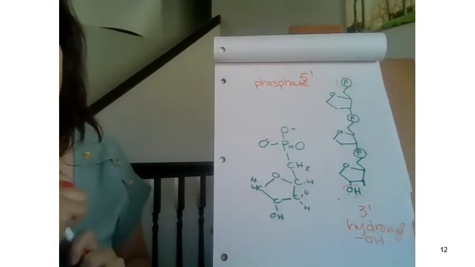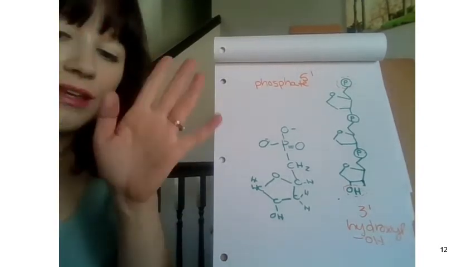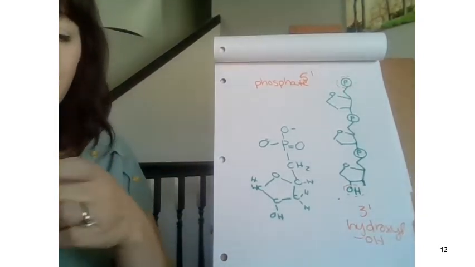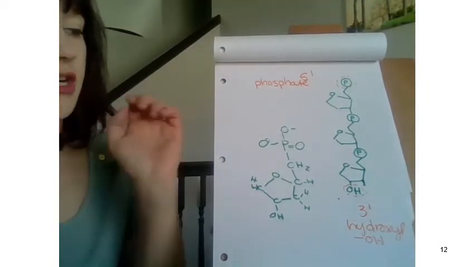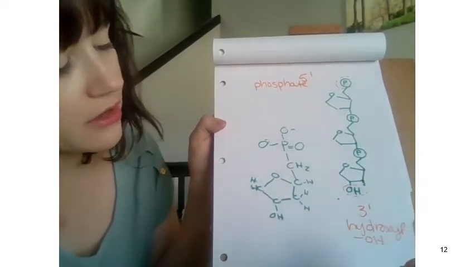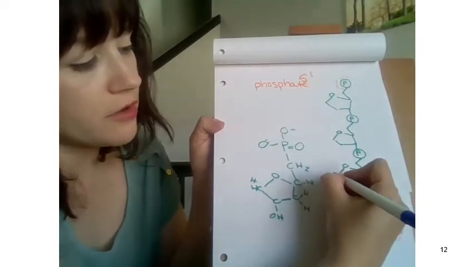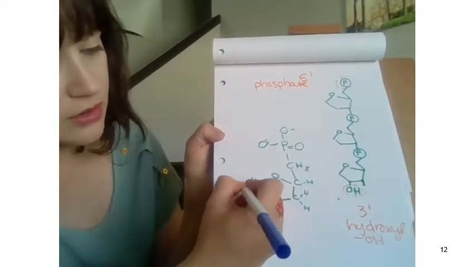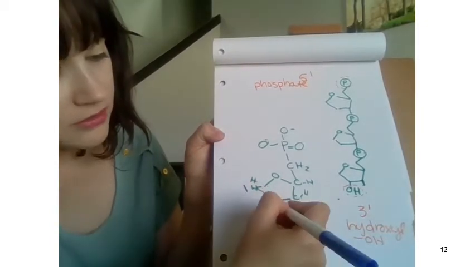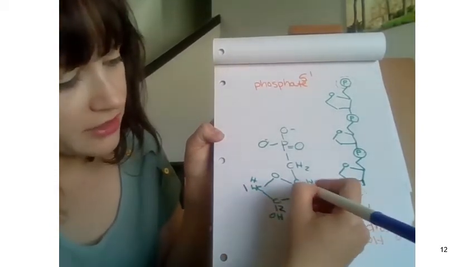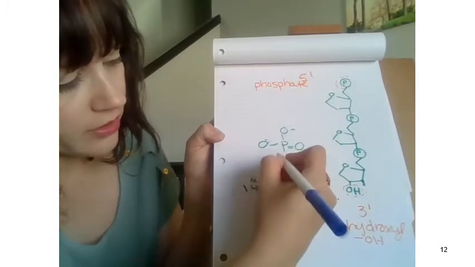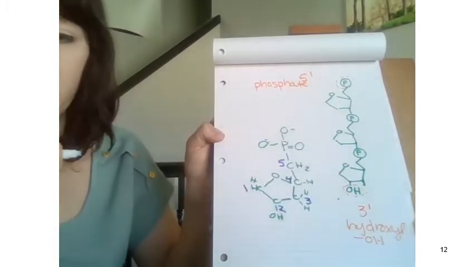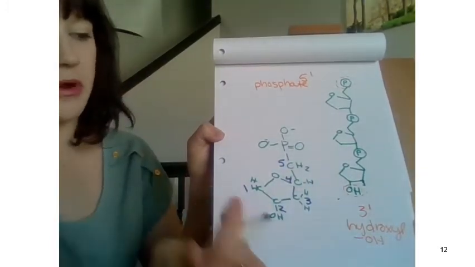What you have to do here is count carbons. Chemistry is the foundation for biology. So when we count carbons, we are going to start over here. Let's do it on our more complex drawing. 1, 2, 3, 4, 5. Those are the 5 carbons in our ribose.